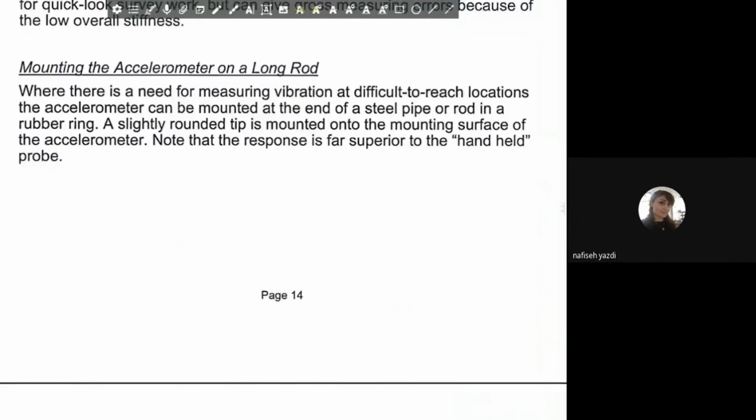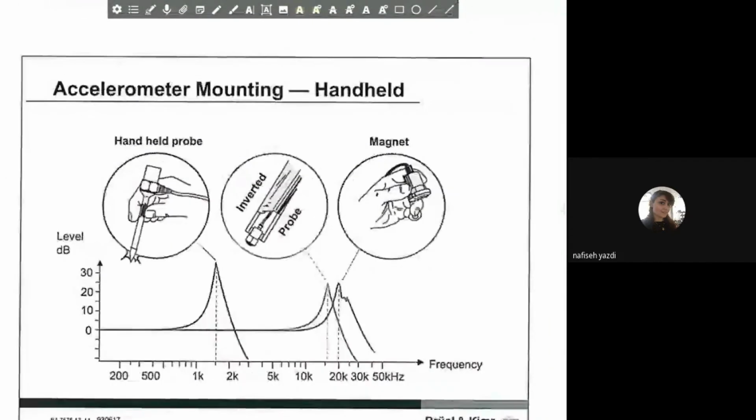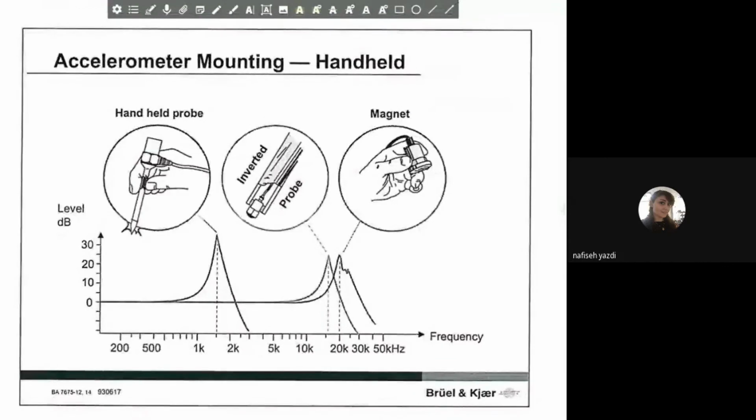Professor, doesn't the magnet mounting affect the circuit? It depends on the material, of course. If you have non-magnetic material, then you can't use magnets. If you have magnetic material, then you can use them. For example, if you're using aluminum alloy-based material, then the magnet could not be used at all because there's no way of attaching an accelerometer to the structure with a magnet.